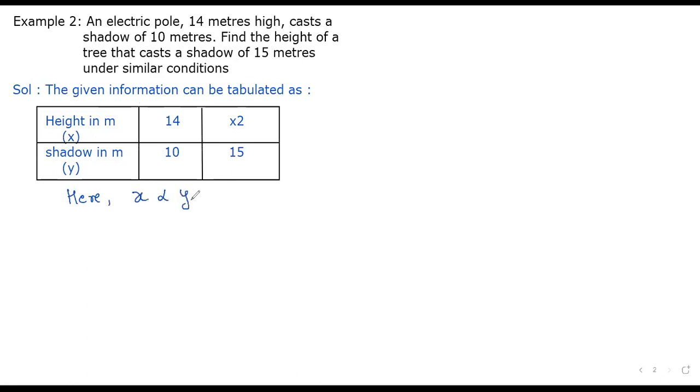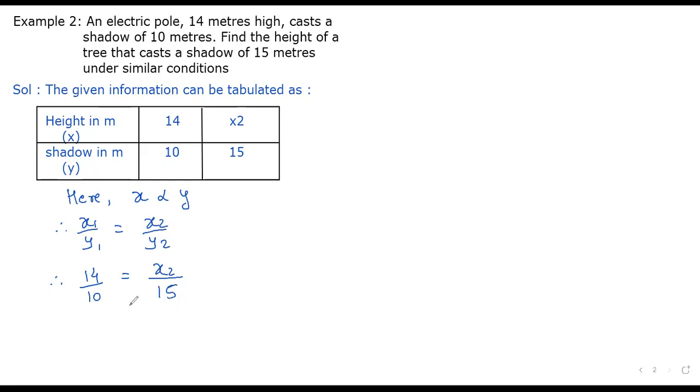Here x is directly proportional to y. Yes or no? So x1 upon y1 is equal to x2 upon y2. 14 upon 10 is equal to x2 upon 15.